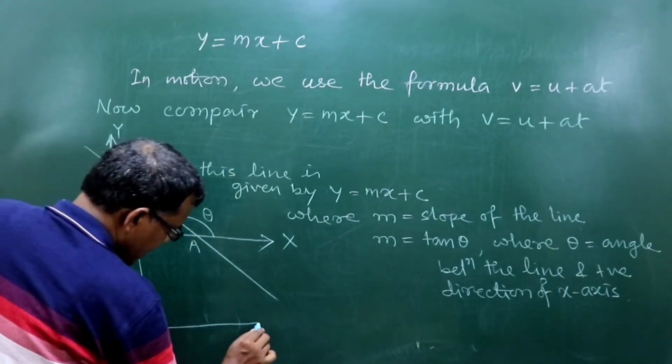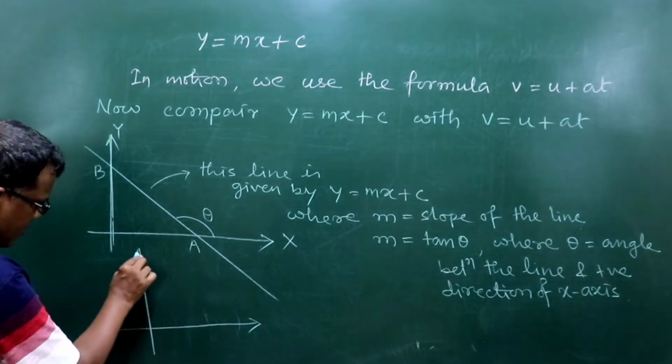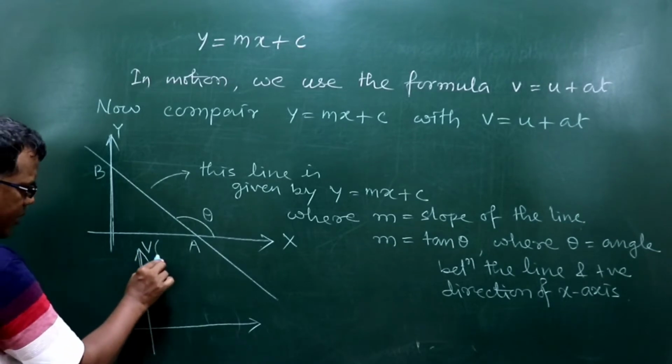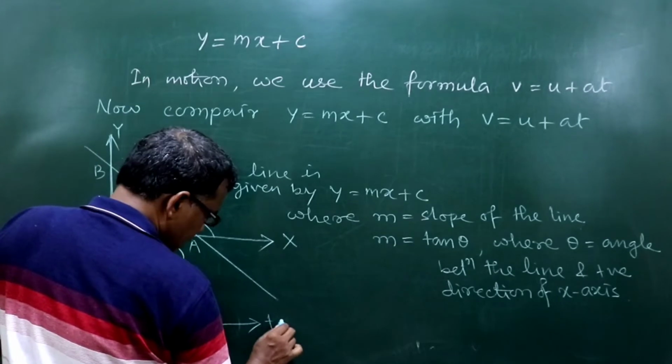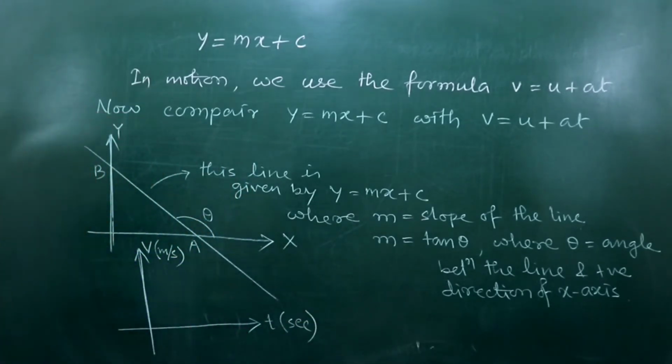Using the horizontal and vertical line, if I take the term velocity, that is meter per second, on y-axis, and the time, which is in second, taken on x-axis, right?